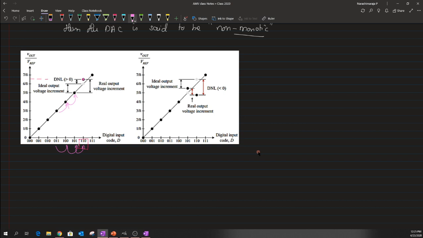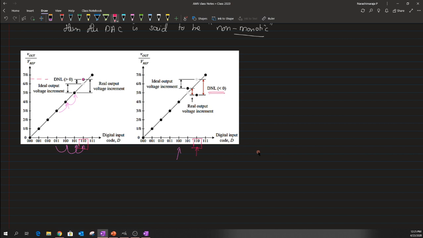But in the figure towards the right, there is a DNL error across the same input of 110. Under that condition, when you measure the DNL error, it results in a negative value of DNL.